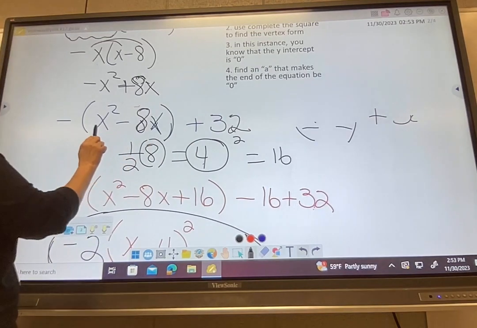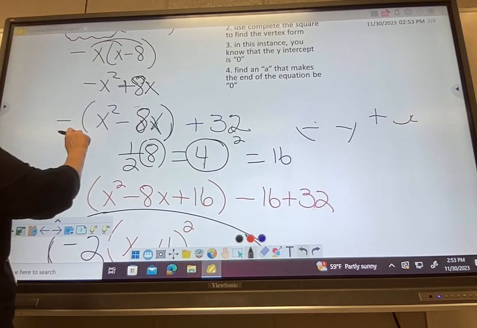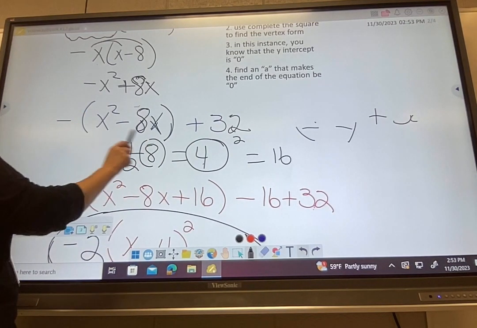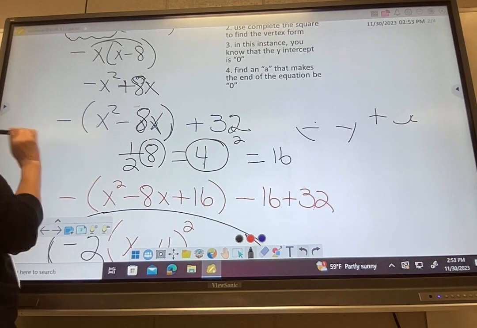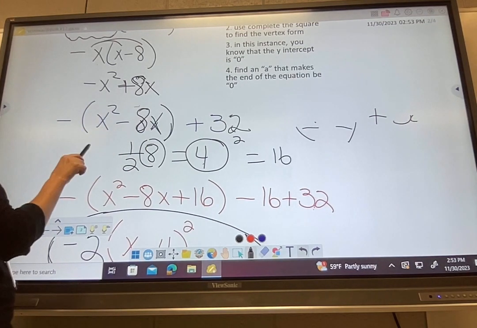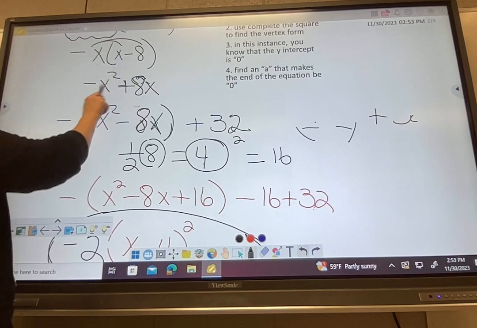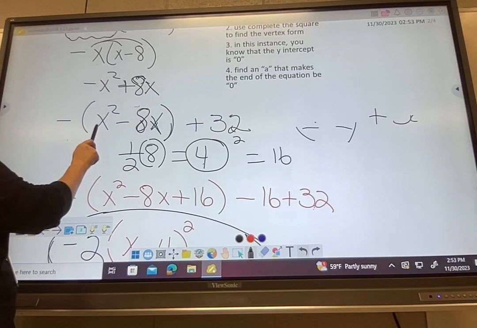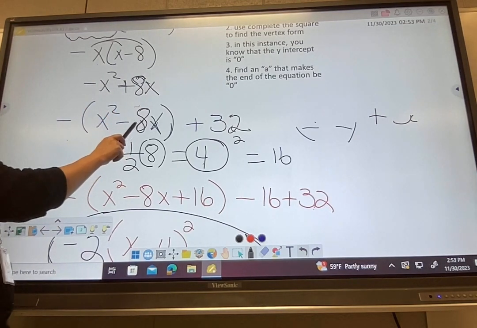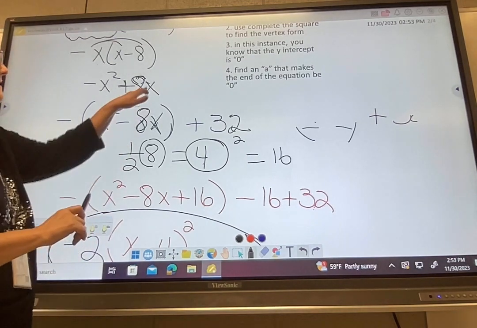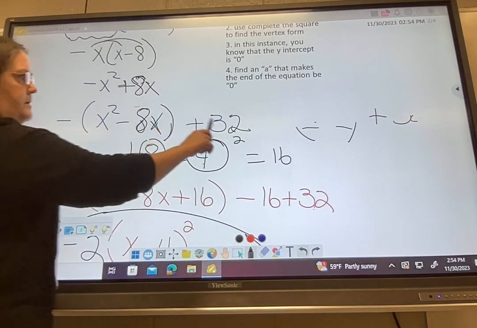Okay, so I've pulled the negative sign out so I can factor easier, because we factor x squared easier that way than with a negative x squared. So we pulled the negative 1 out, and when we do that, it makes the x squared positive and the positive 8x negative. And then I've got plus 32.